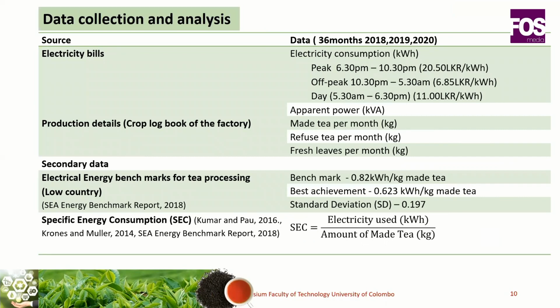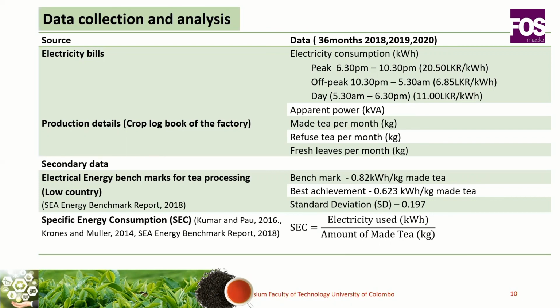In data collection and analysis, electricity base and production details were collected. In case of electricity base, especially the total consumption, peak, off-peak, day consumption, and apparent power were considered. For the production details, made tea, refuse tea, and fresh leaves were considered.